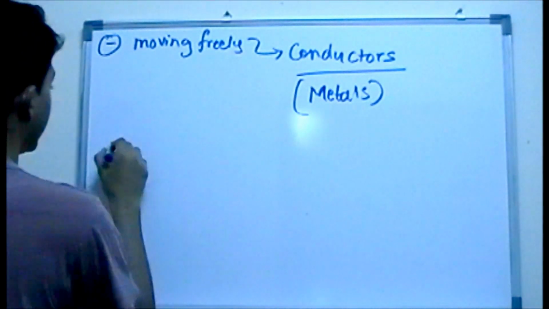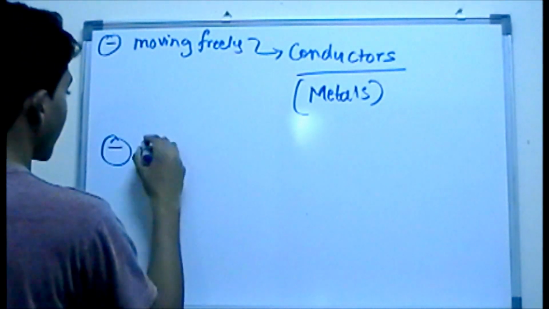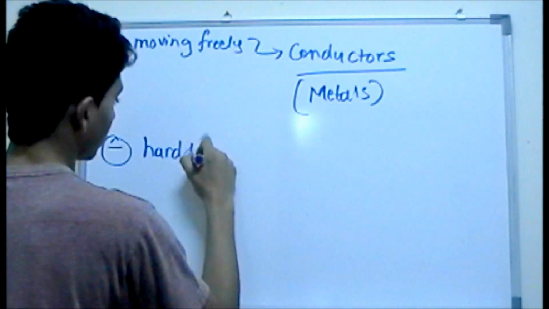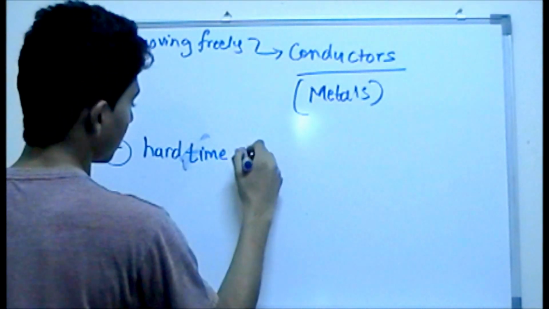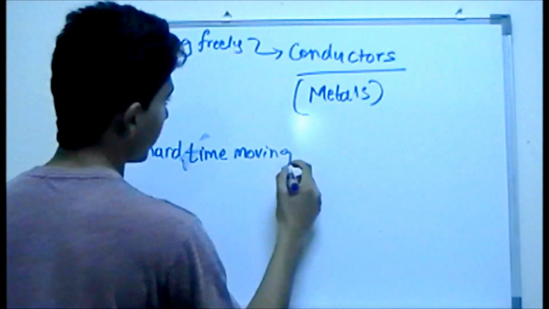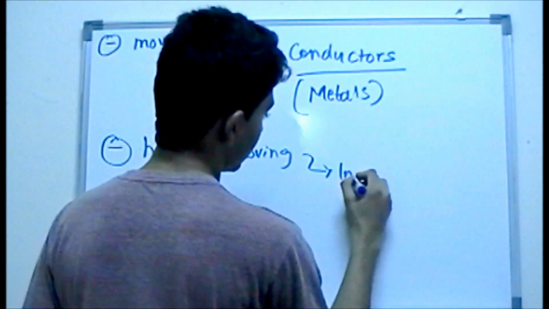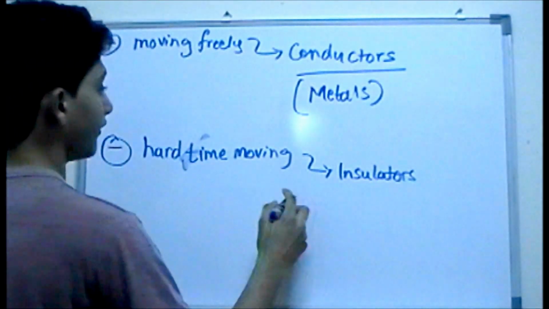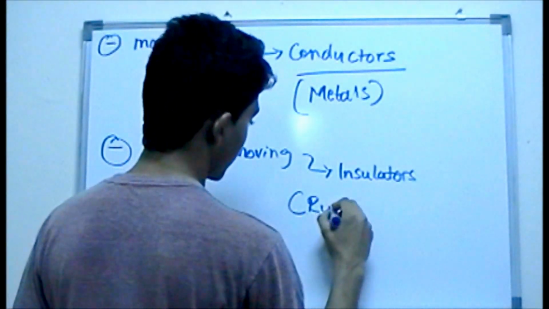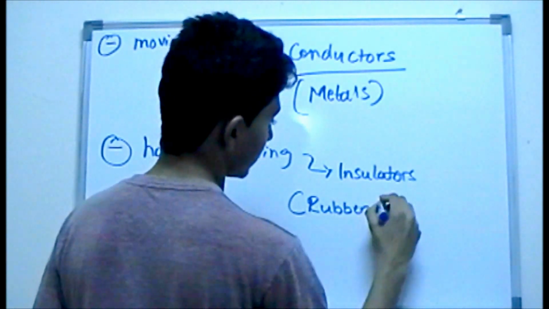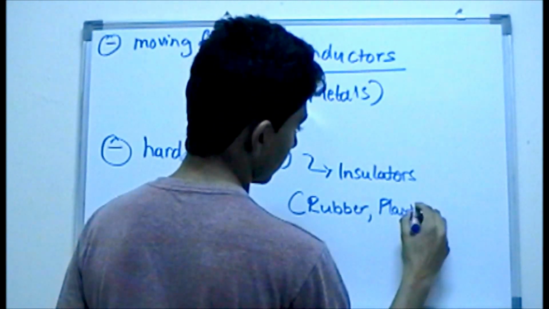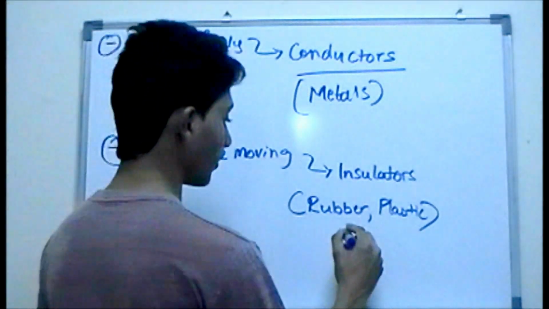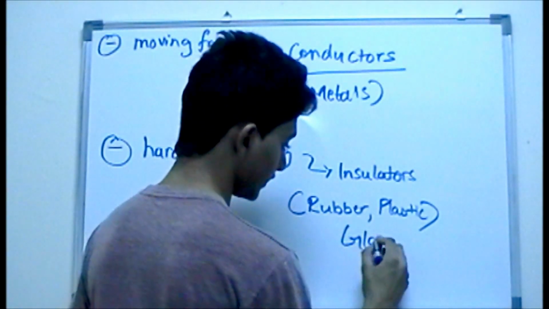So when the electron has a hard time moving around, that is called an insulator. For example, like I said, rubber is one example, then plastic, and one more example is glass.